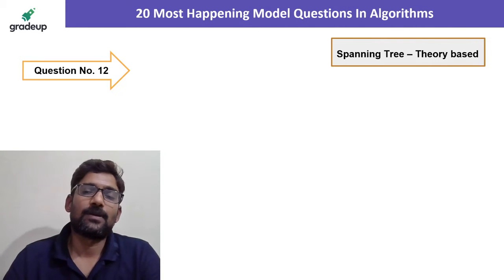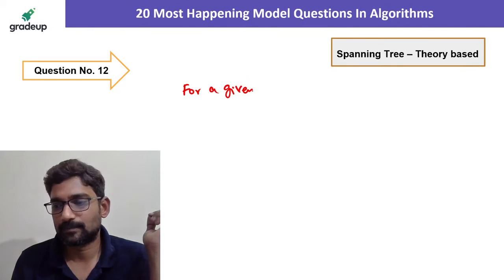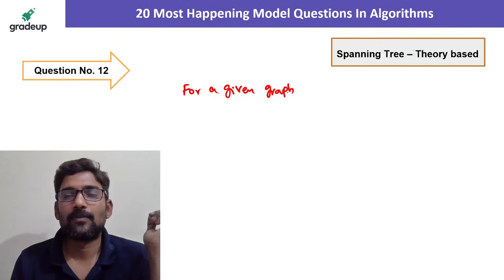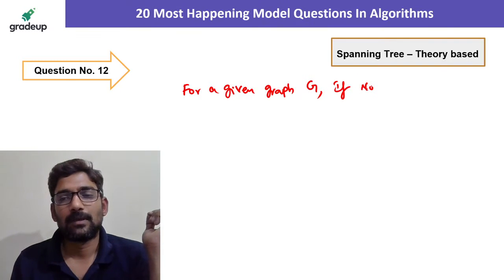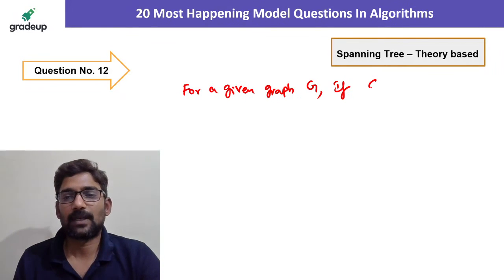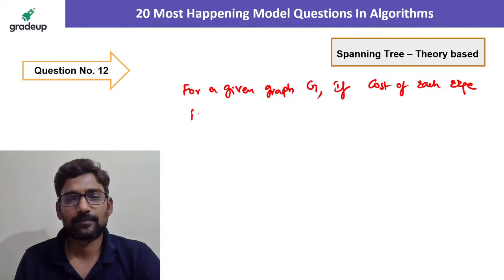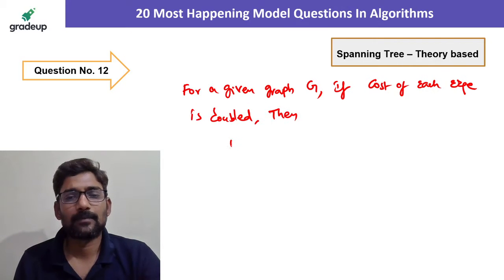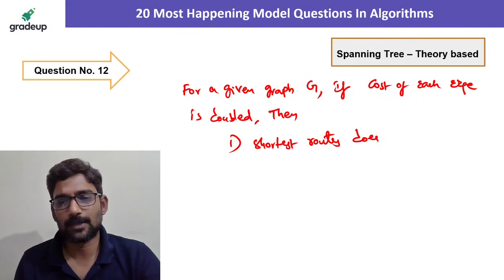Theory based means for a given graph G, if the cost of each edge is doubled or tripled or something like this, then option 1, shortest route does not change.